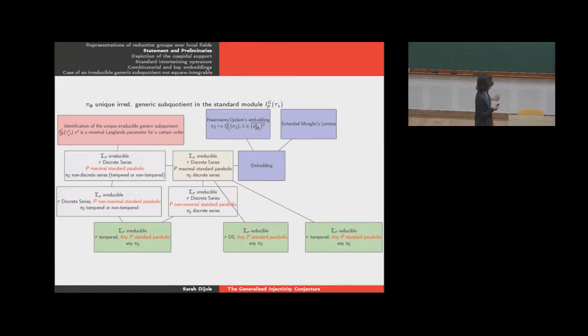This Langlands parameter I have mentioned in the definition of the Langlands classification. You can order them in a certain way, and you need that to prove the case of tempered and non-tempered subquotients. And from that, you can deduce the case of non-maximal parabolics and so on.